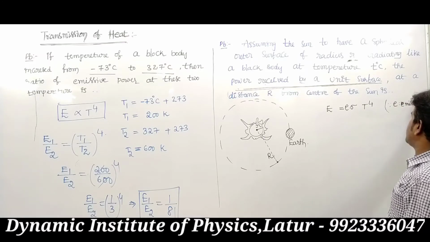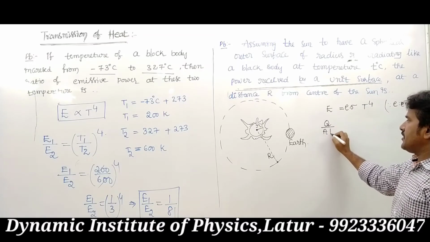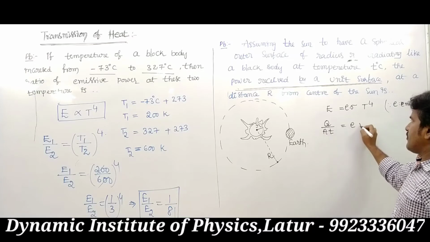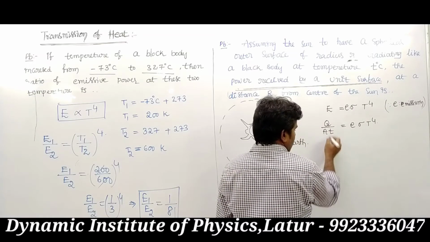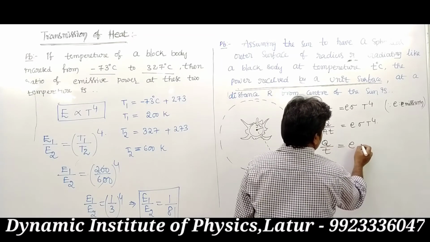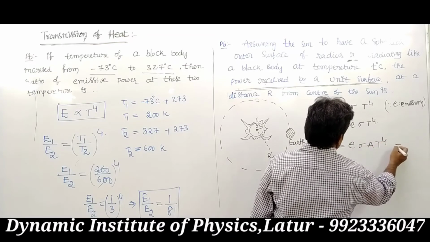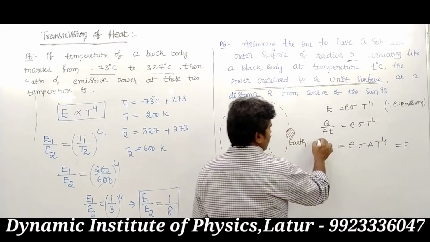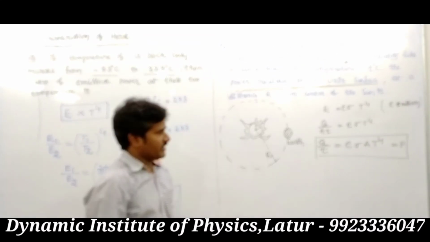So this is the relation, and again you write Q upon A into t equals E into sigma into T power 4. This is nothing but Q upon t, which is called the power radiated: E into sigma into A into T power 4.